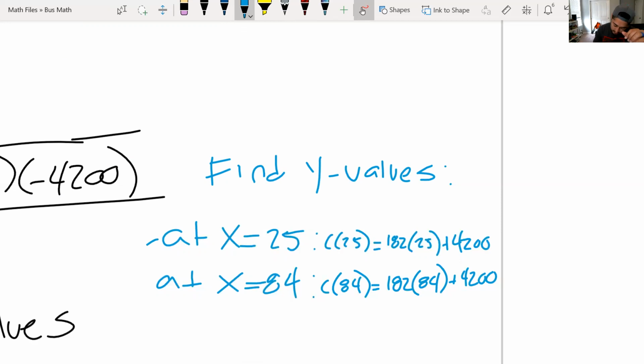So this y value, and then 182 times 84 plus 4,200, 19,488.